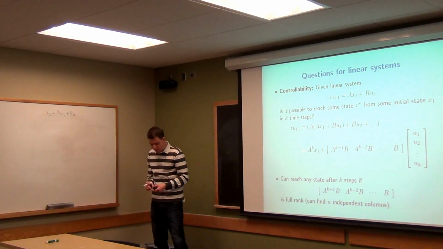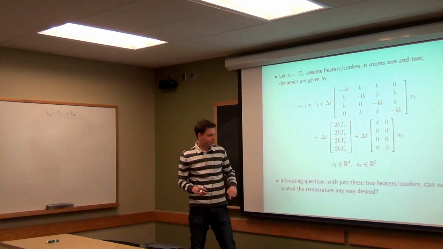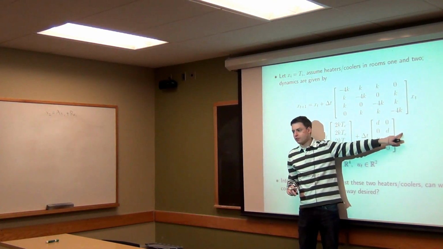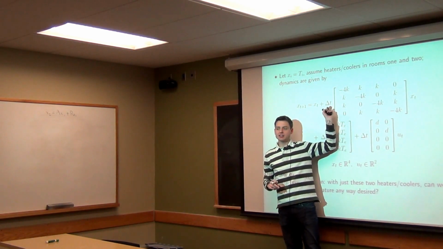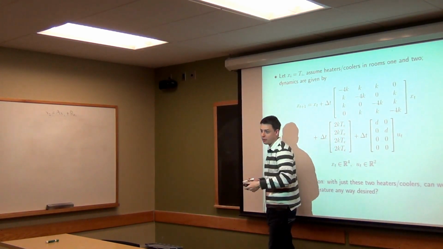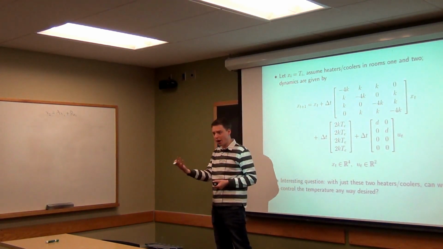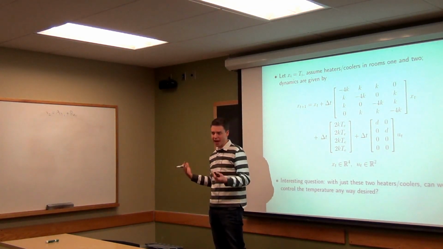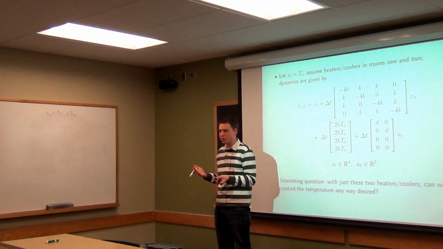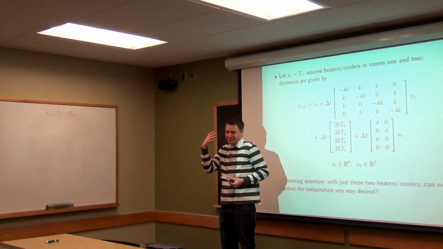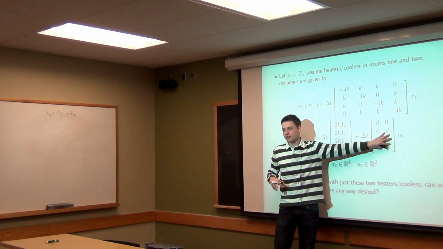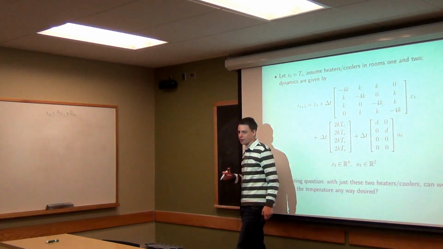But as you can imagine, going back to this example here, if you could only take one action, it certainly doesn't seem very likely that you can get the system in any state, right? Because you only have 2 knobs to turn, and you want to set 4 different values. So there's some mismatch here. Just by your intuition, you shouldn't be able to get the system in any state you want after one time step here.